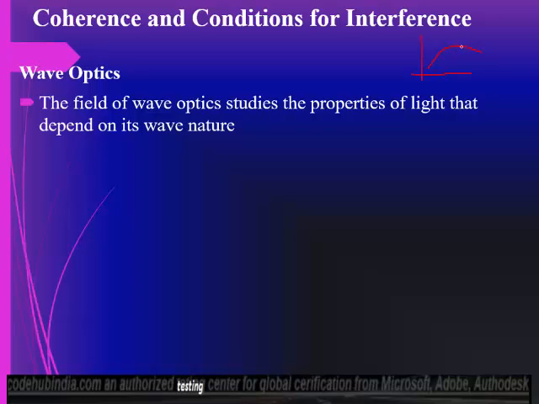And here is the rate of decrease of y. Now y starts from this point and starts to decrease. So we are measuring some property of light, that is the wave nature.